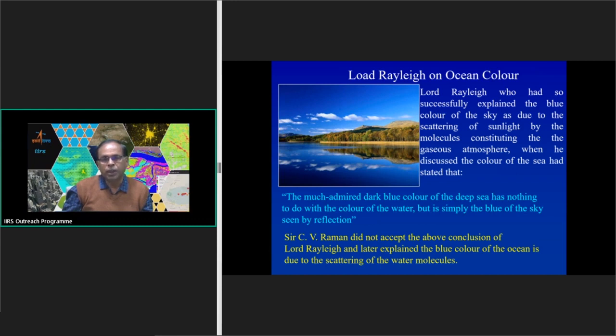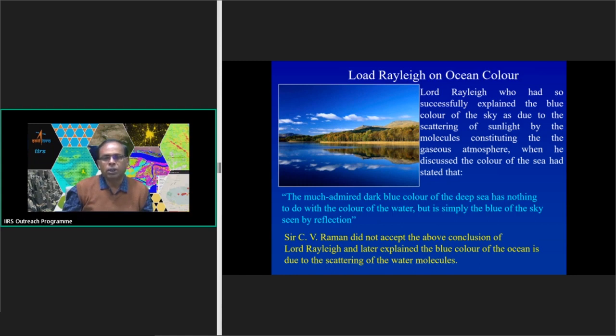And he attempted at the same time to describe the color of the ocean, but he has written that the much admired dark blue color of the deep sea has nothing to do with the color of the water, but is simply the blue color of the sky seen by reflection, which Sir C.V. Raman did not accept.